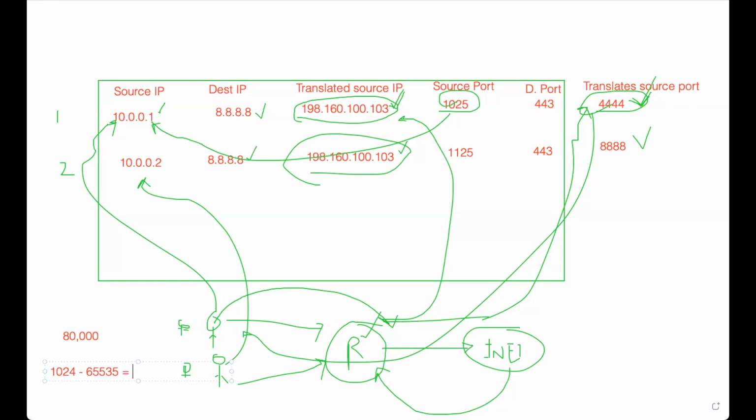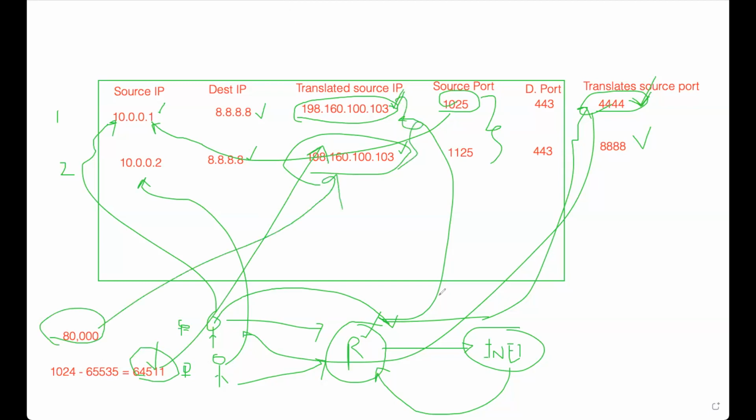So the maximum I can use is 64,511. So only 64,000 users can use a single IP, because only 64,511 source ports are available. But what if I have 80,000 users? I cannot rely on a single IP. So I have to extend the NAT to a NAT pool.